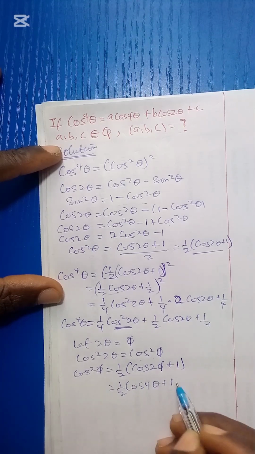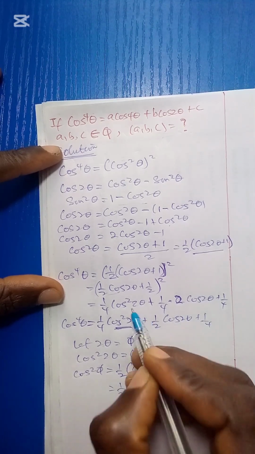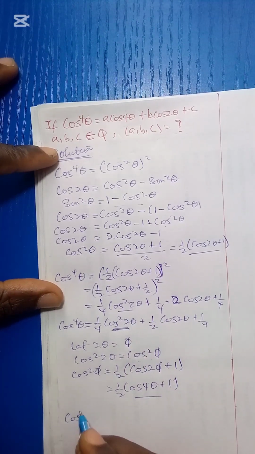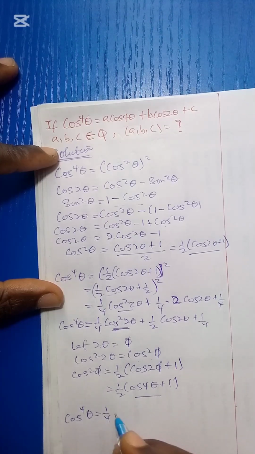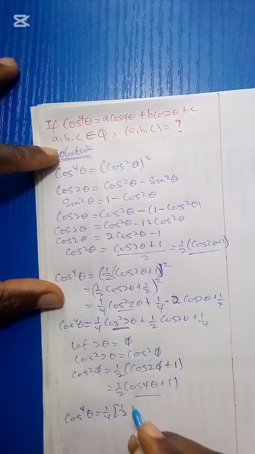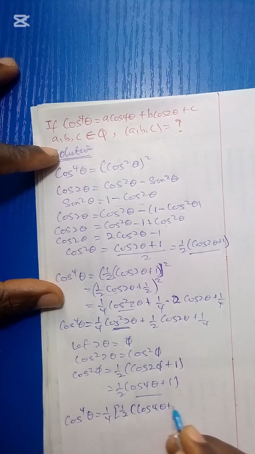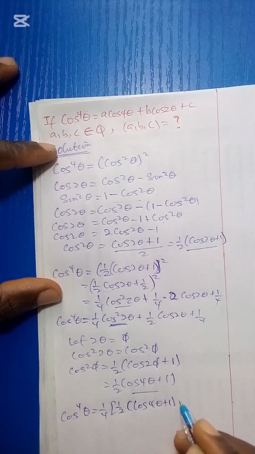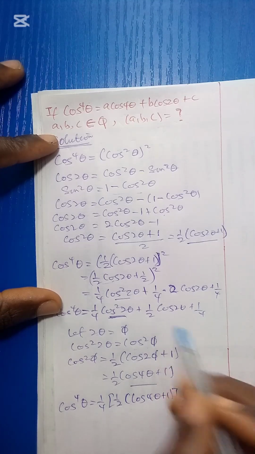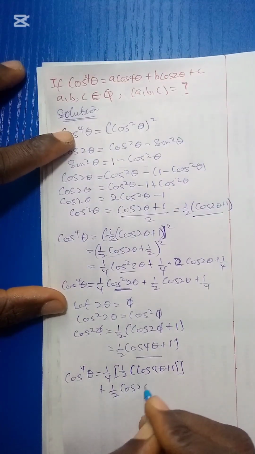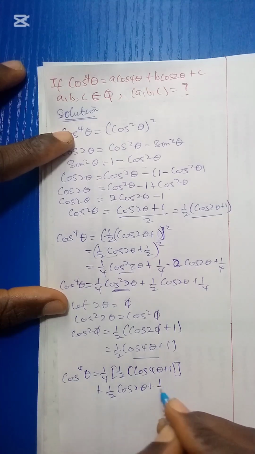So I'm going to replace this where I have this in the equation. It becomes cos raised to the power 4 theta equals 1 over 4 times 1 over 2 bracket cos 4 theta plus 1, close the bracket. Now the other part becomes plus 1 over 2 cos 2 theta plus 1 over 4.